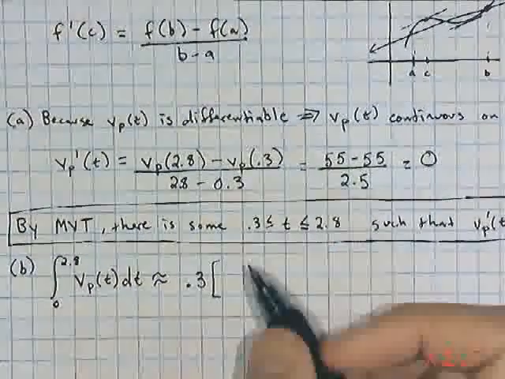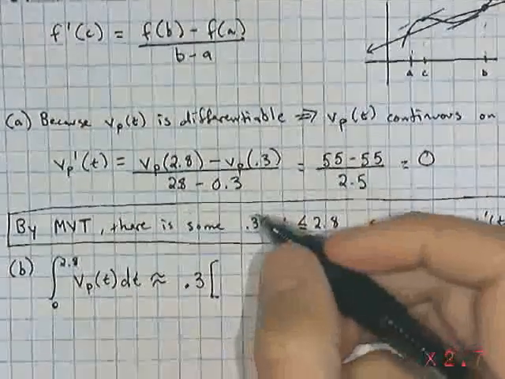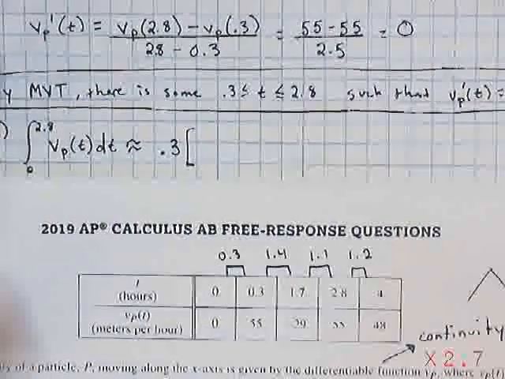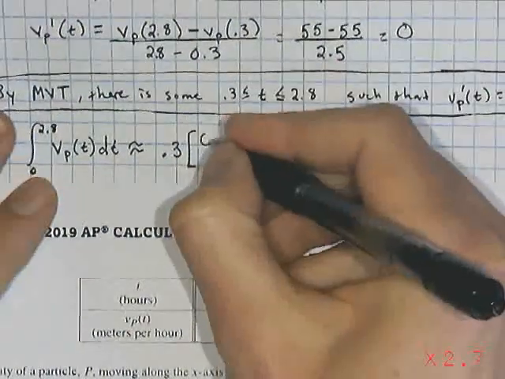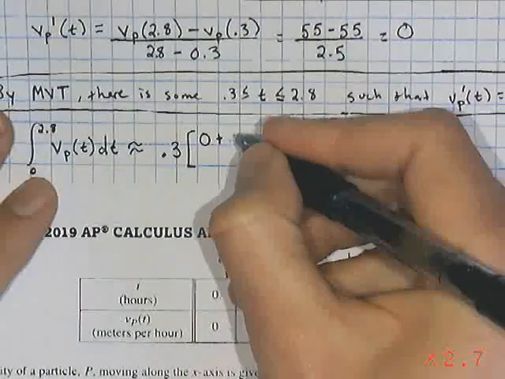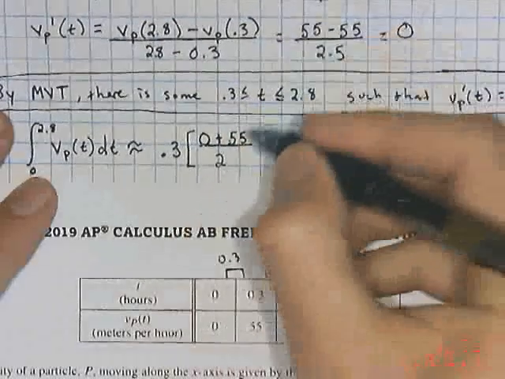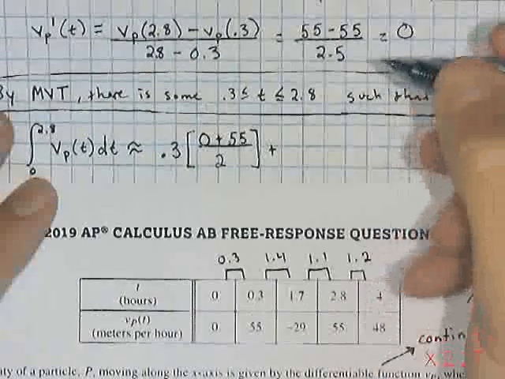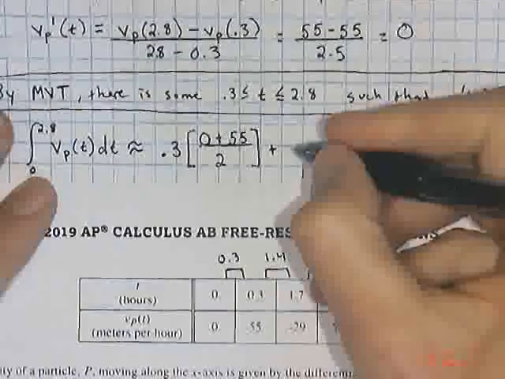Base 1 is going to be the function value at 0. Let's do this like this. So 0 plus 55 divided by 2. Our second trapezoid will be, the height will be 1.4.